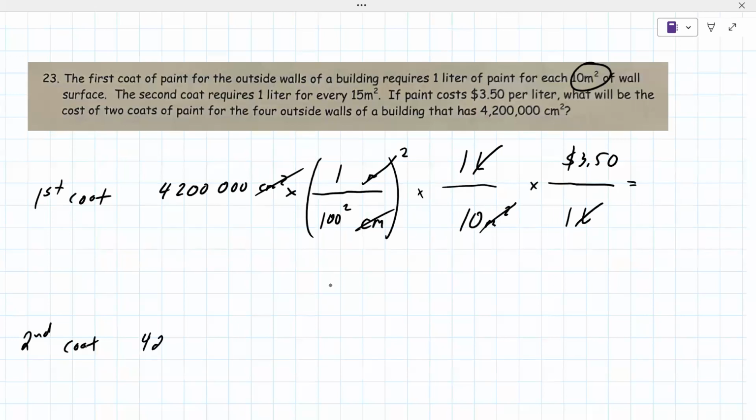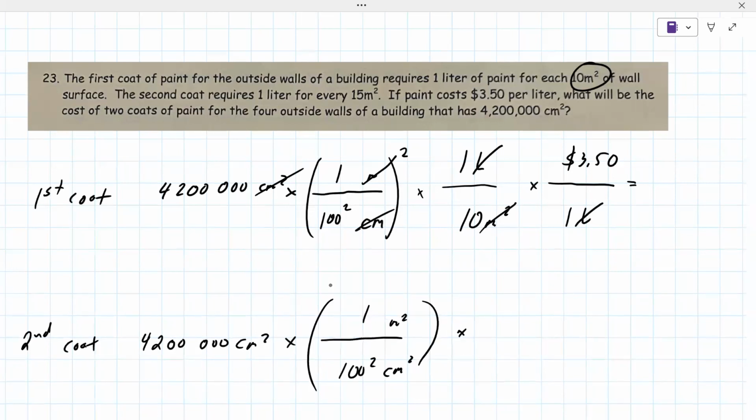Now the second coat is really similar. It's still the 1/100 squared, centimeters squared to meters squared, still that. But here 1 liter gets you 15 meters squared, and it's still $3.50 per liter for the second coat.